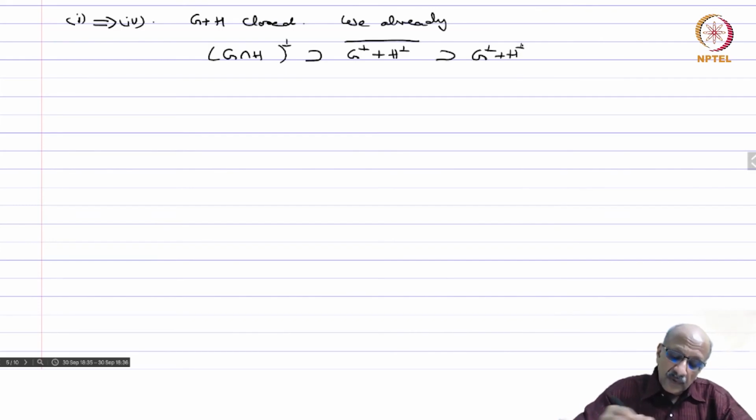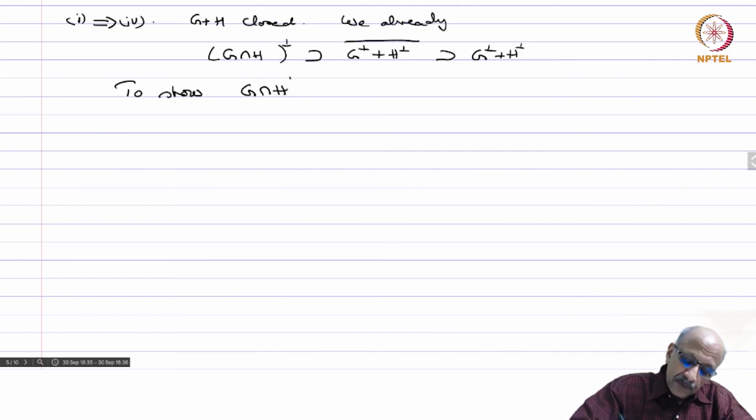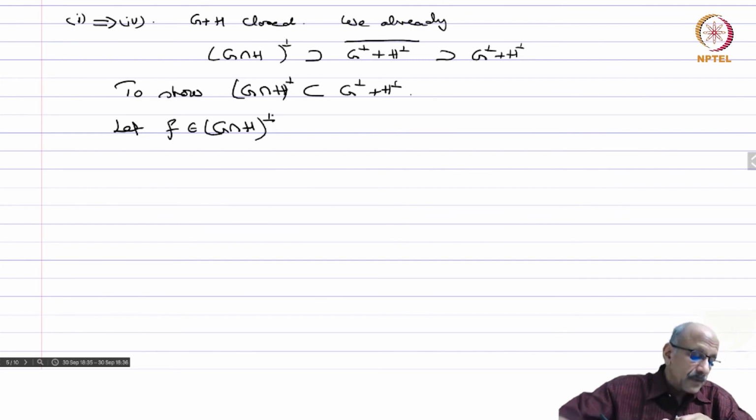So we need to show G intersection H perp is contained in G perp plus H perp. So let f belong to G intersection H perp.